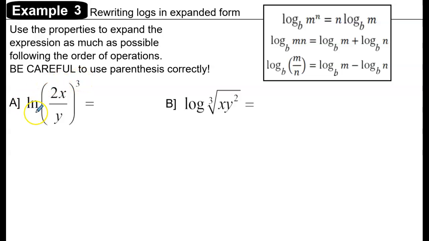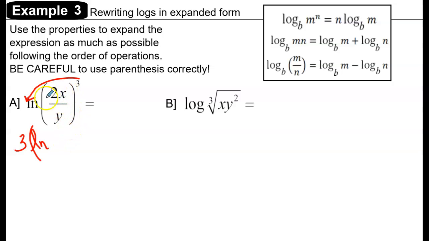So we're going to look at the structure here, and we have an exponent of 3. Using the power property, we can change that exponent on the argument to a coefficient on the log expression. So that's going to be a 3 times the natural log.